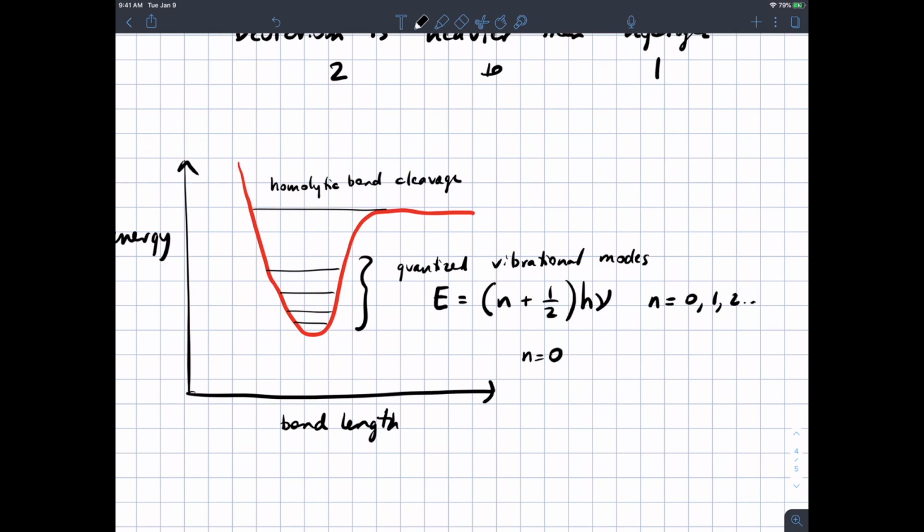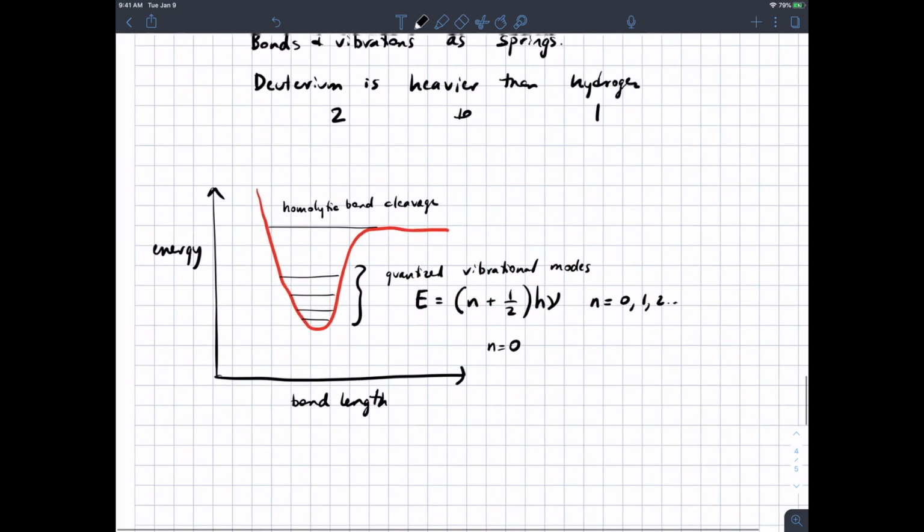Even at the lowest energy vibrational state, you still have vibrational energy. You can't get to the bottom of the well. It's inaccessible. The lowest possible energy you can have is 1/2 times Planck's constant times the frequency.